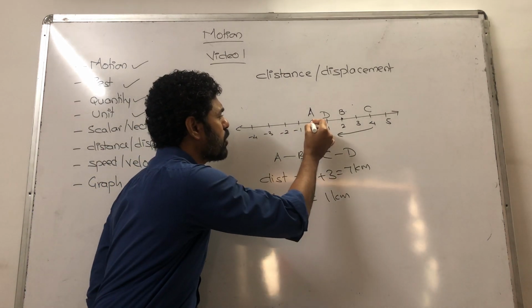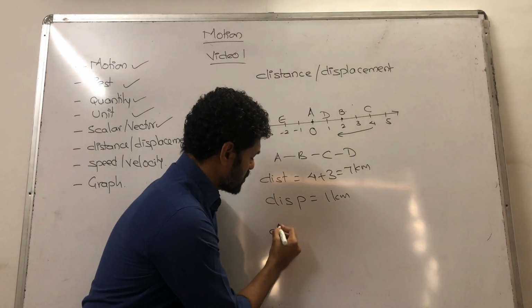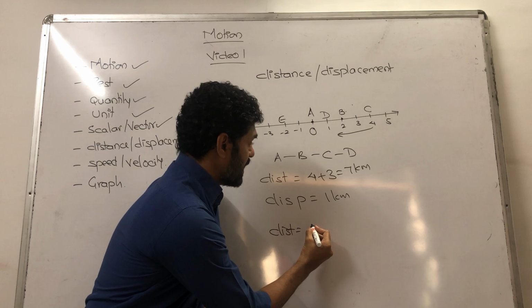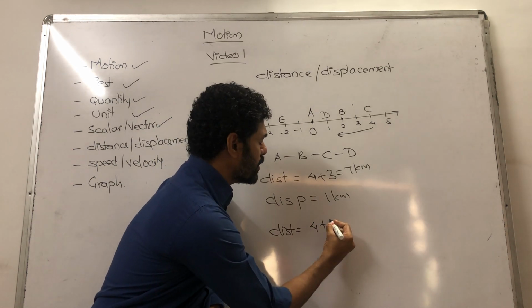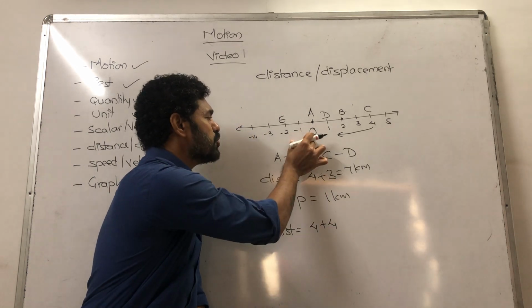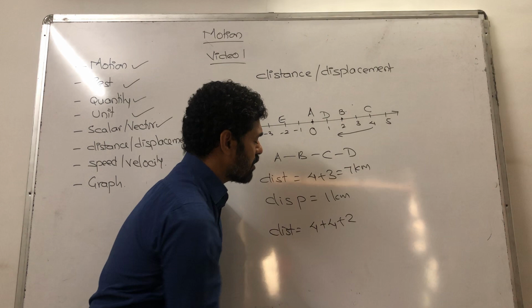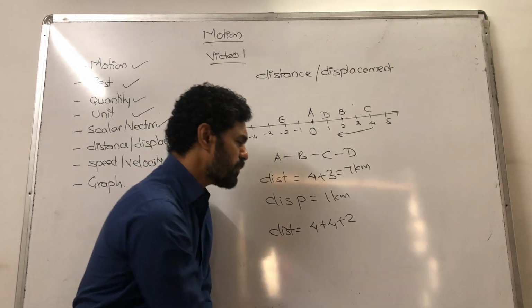Now suppose let's say from A you came to E. So now what is the distance travelled? Distance travelled A to C was 4. C to origin, that is A again, 4. Then from A we went 2 kilometers to the left. Because distance does not take direction into consideration, for distance it is always positive.